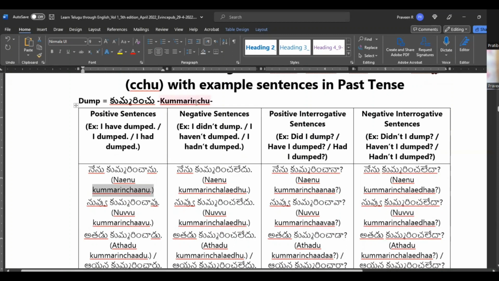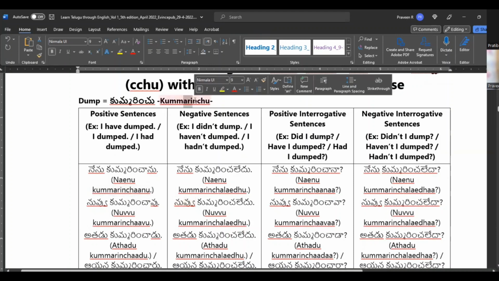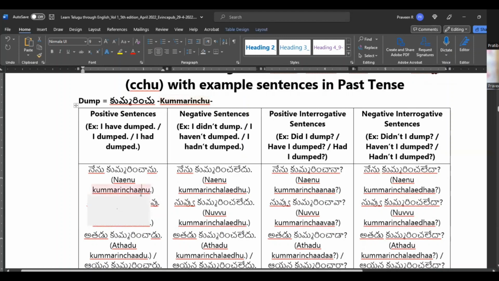Perfect. Kummarinchu became kummarinchanu. When you are making homework, when you are practicing, you just compare from the base form to the formation, how it is changed. In the same pattern, you need to change your new verb also. Okay. Now you have the verb anumatinchu.